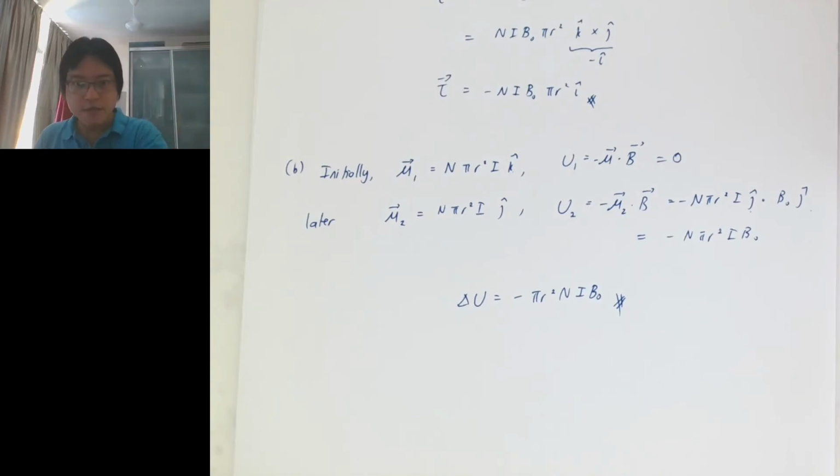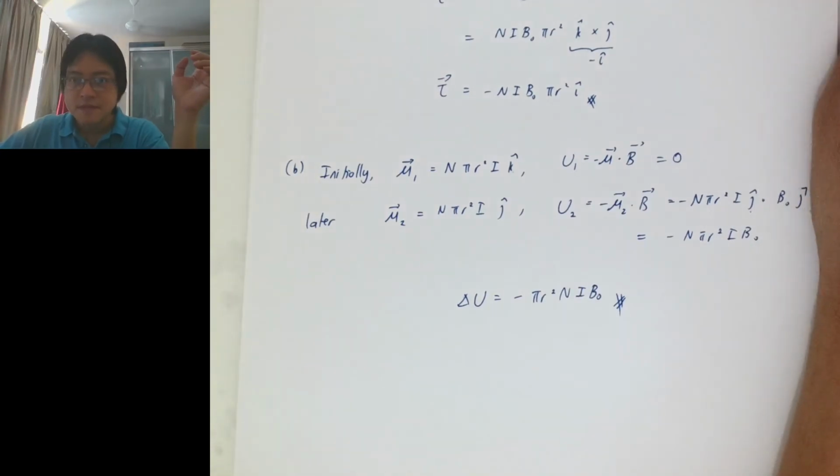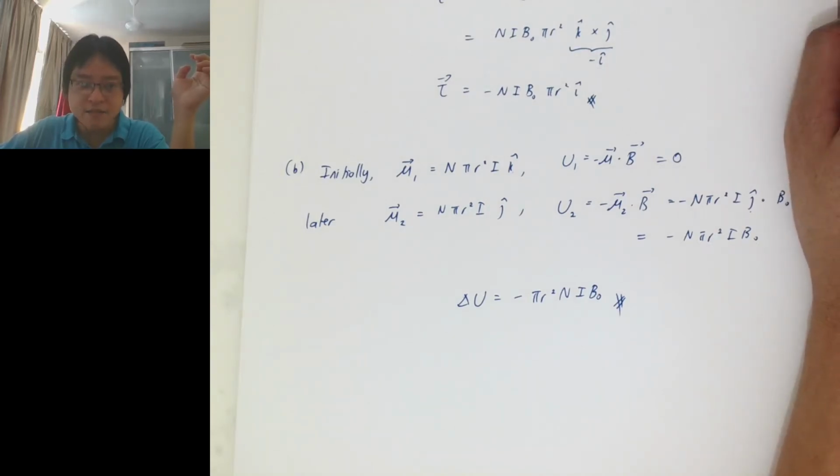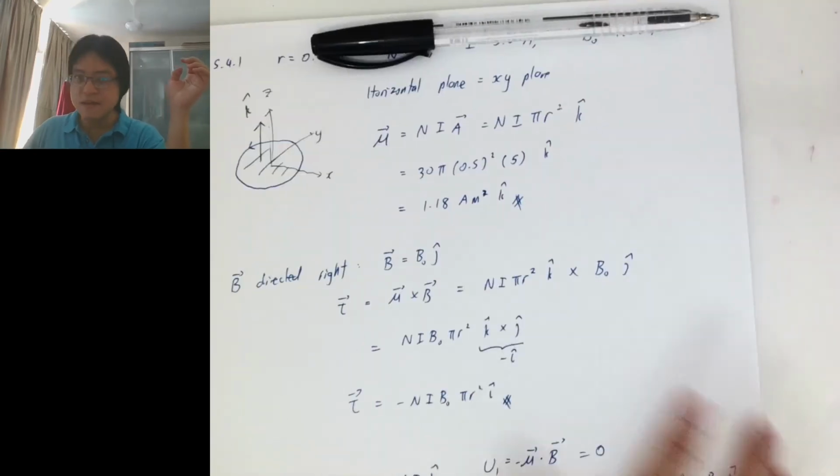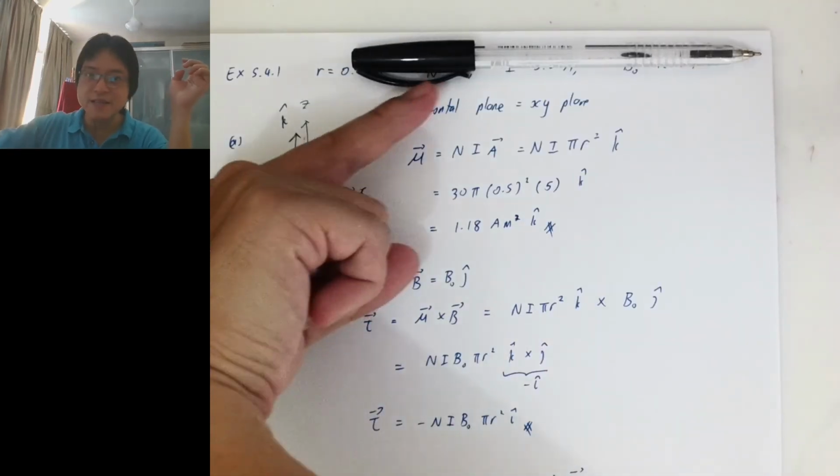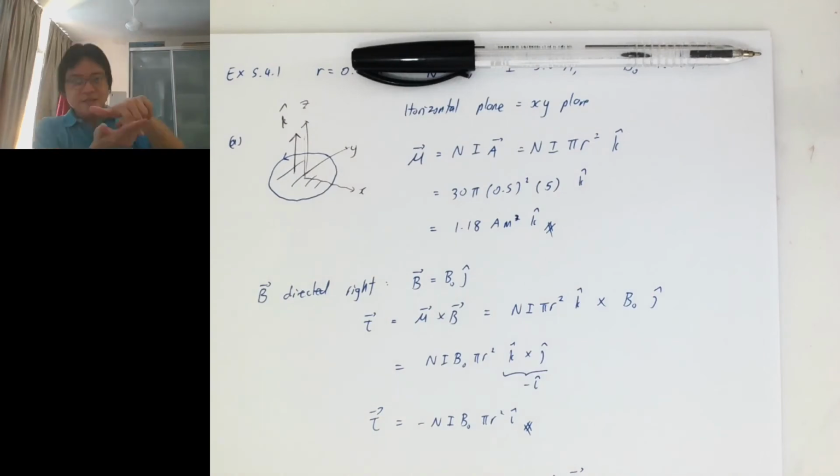Okay, so any question? Towards the right, yes, so the vector B is i instead of j, yeah, because I claim that this is the right, but if you draw your x-axis on the other side, then yeah.